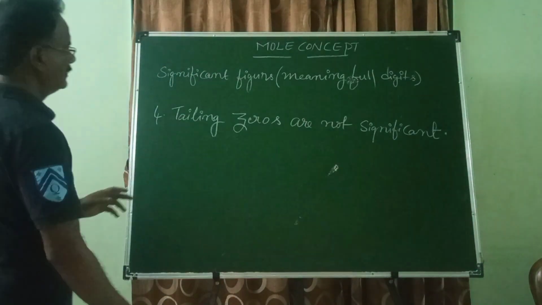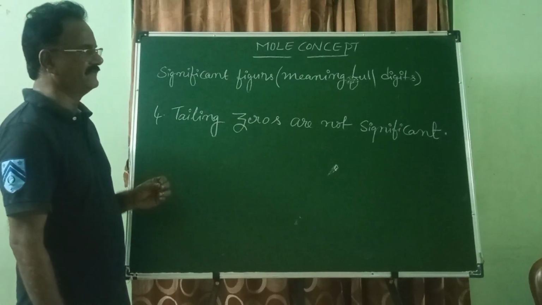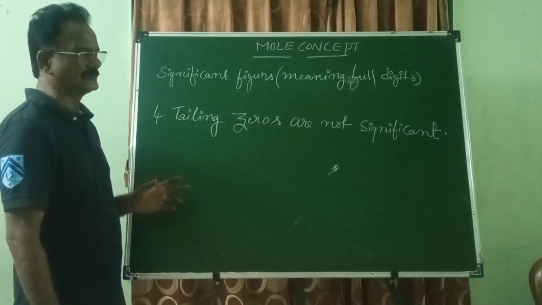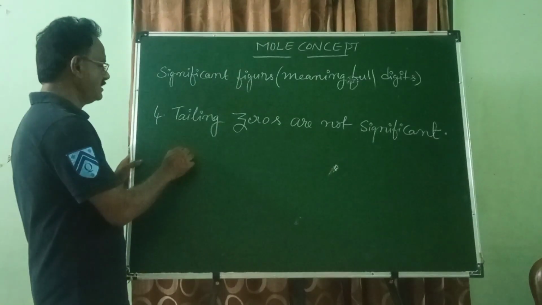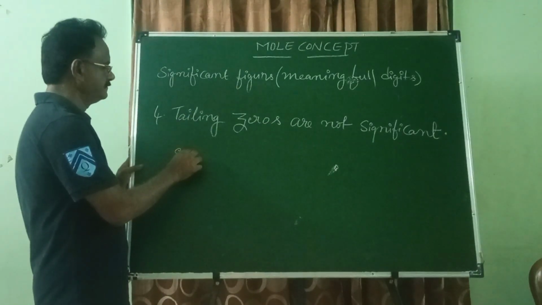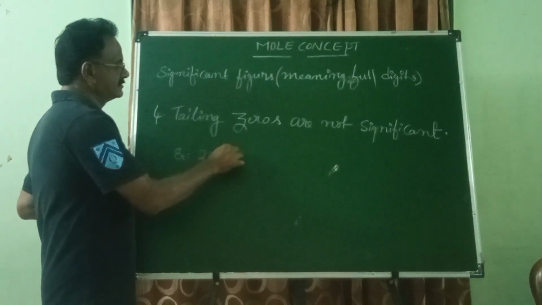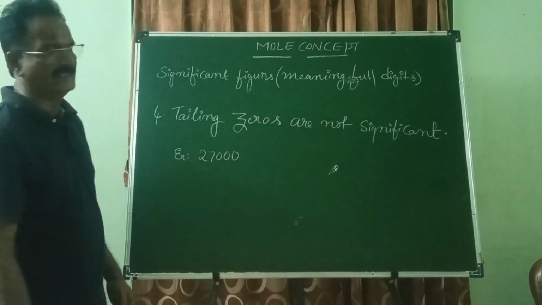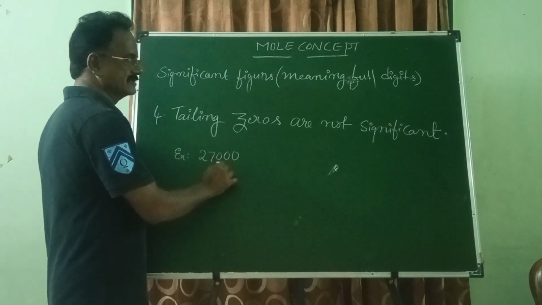Let us see the fourth rule. Trailing zeros are not significant. Let us see one example. 27,000. Here these zeros are called trailing zeros.